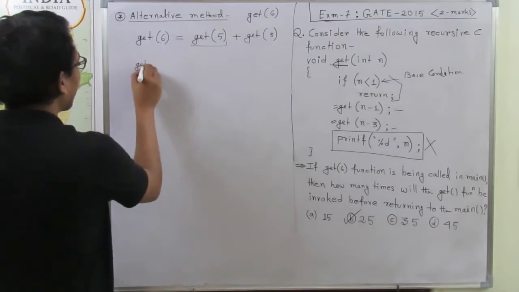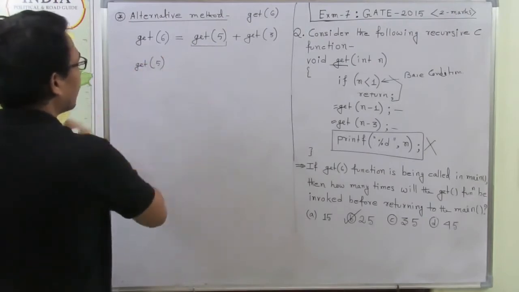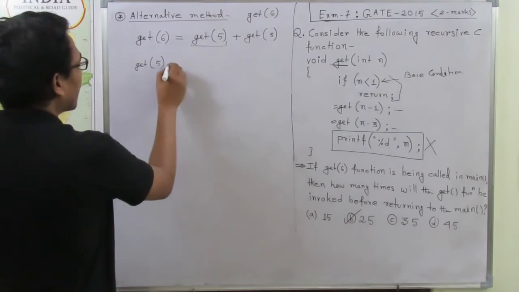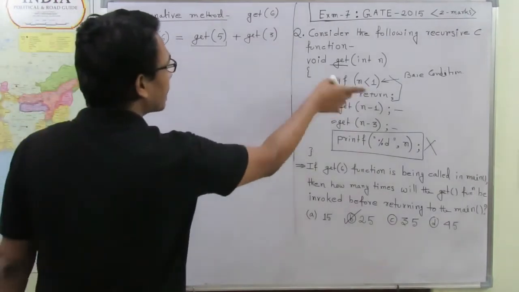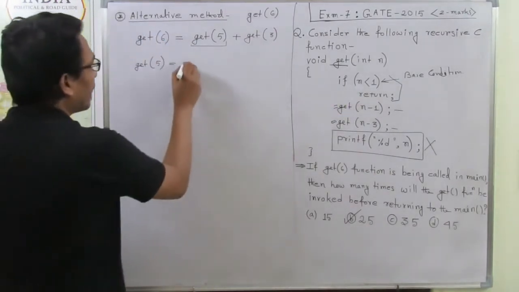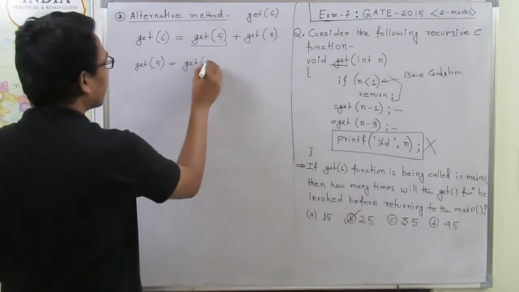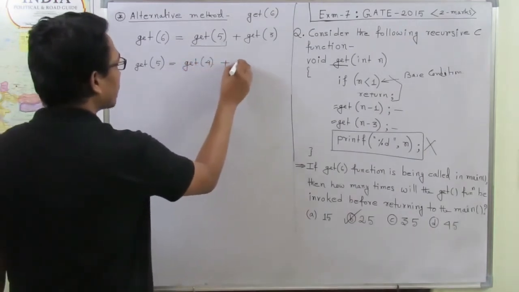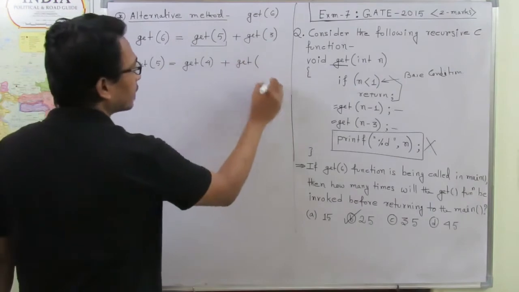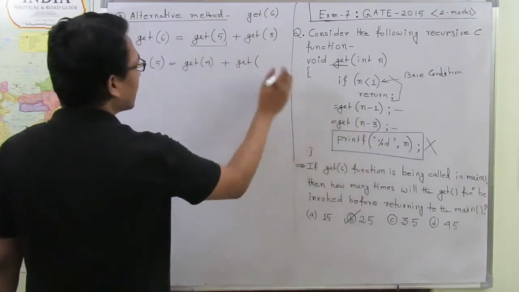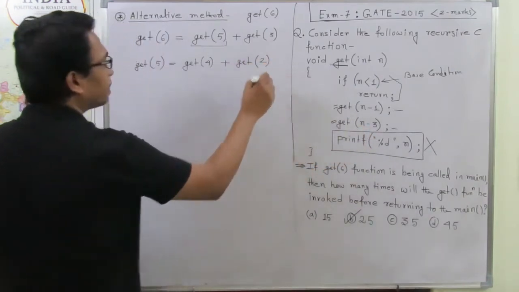So get 5, how can we find it? Get 5 will be, again 5 is greater than 1, so we find get 4 plus get 5 minus 3, that means get 2.